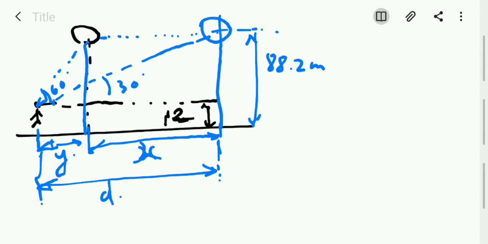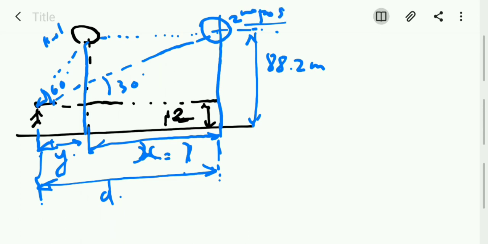How to sketch it? Now if you get this diagram, since they are asking to find the distance traveled by the balloon during the interval, that means you need to find out what this x is. Got it? This is the first position, this is the second position.